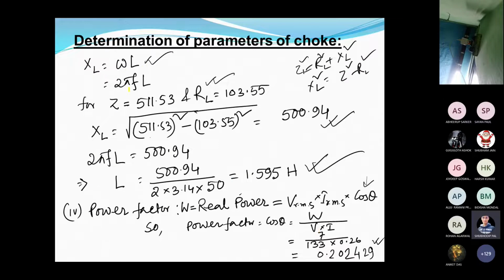XL is omega L, where omega is 2 pi F, with F as 50 hertz. Z value you have calculated and RL value you got, so put these values and you will get it. Now, how to calculate the Z value? Z is equal to V by I. Your V is known, as I have shown here.